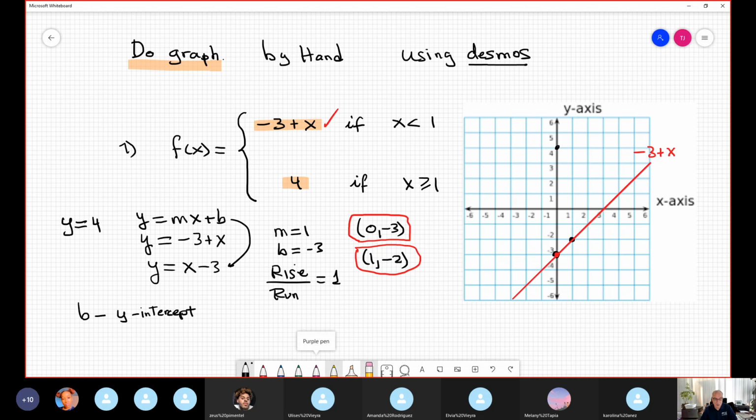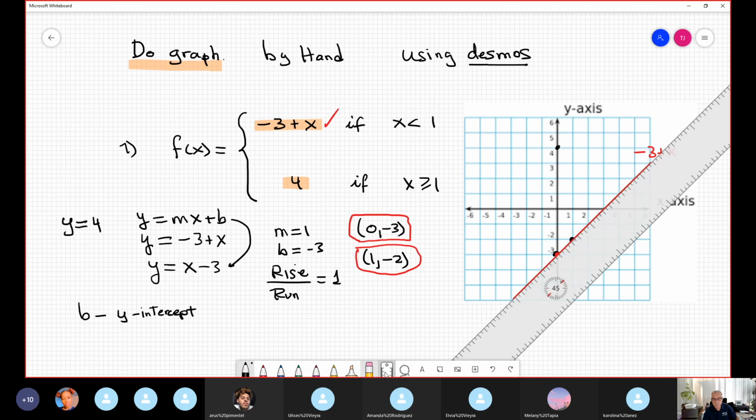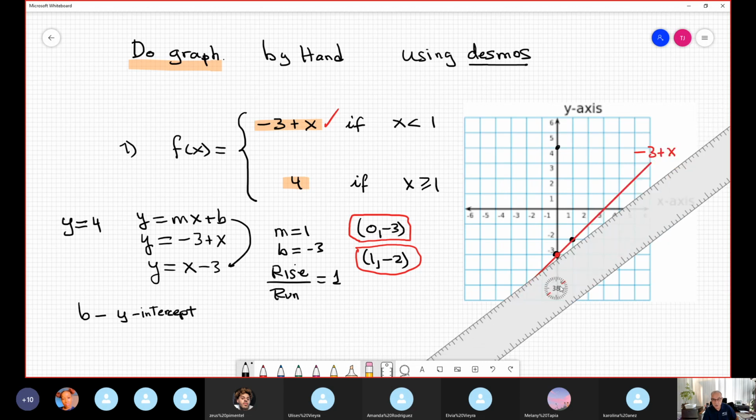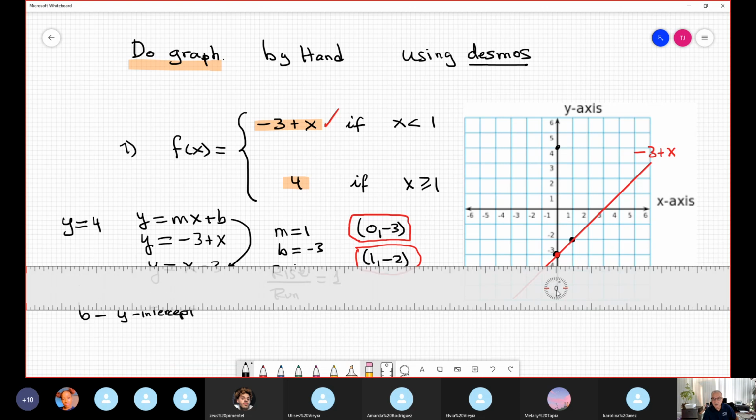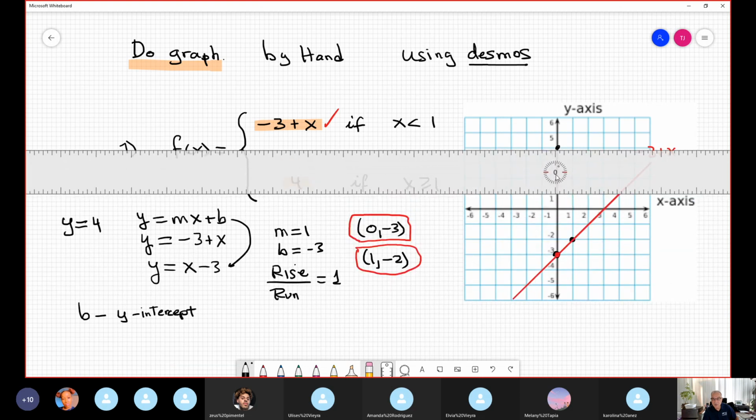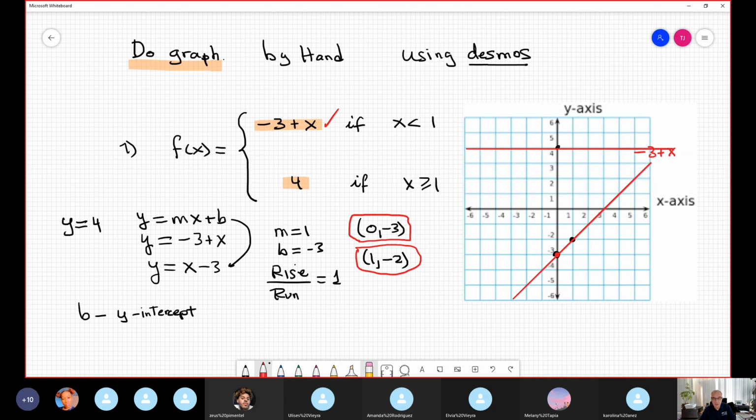Horizontal means 0 degrees, slope 0. We are drawing the line passing through 4, because I know that y is set to 4. And this is my second piece, y equals 4.